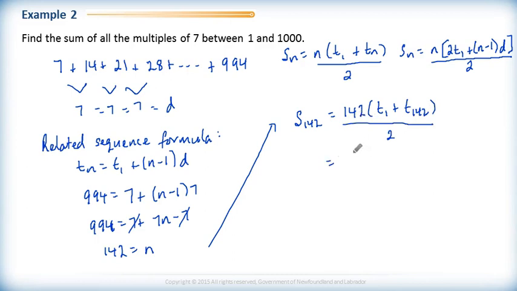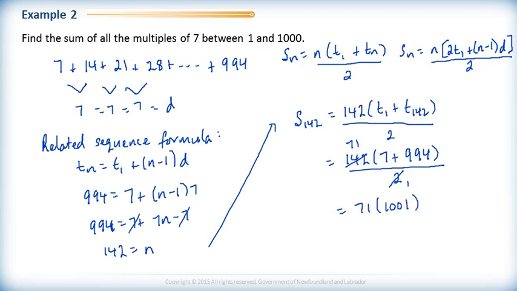Well, very nicely, the first term is known to be 7, and the 142nd term is 994. It's all divided by 2. I'll divide this 2 into this 142 to get 71. So I'm left with 71 times 1001, which gives me 71,071.